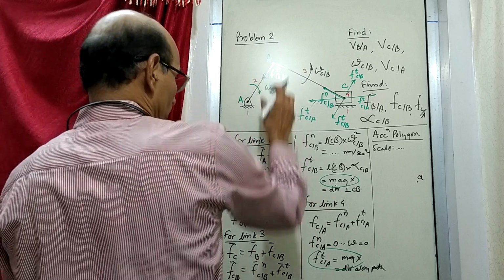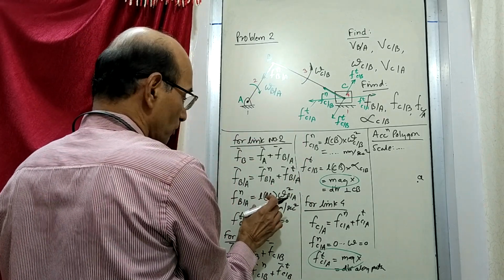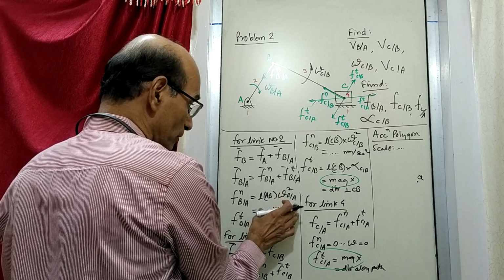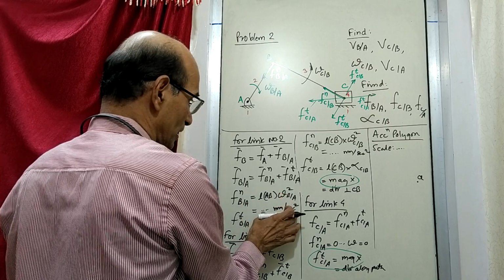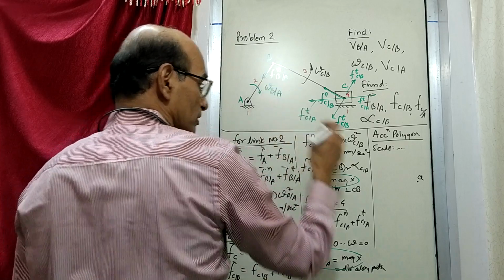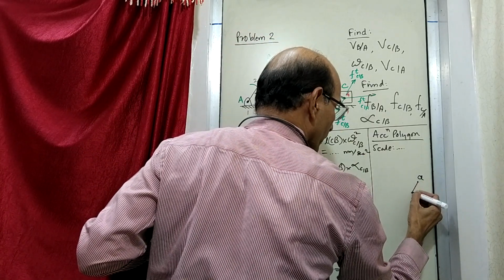So this vector, you convert by suitable scale, decide how many centimeters or how many millimeters will represent this particular acceleration, and that length of the line which is representing this, you have to draw like this.